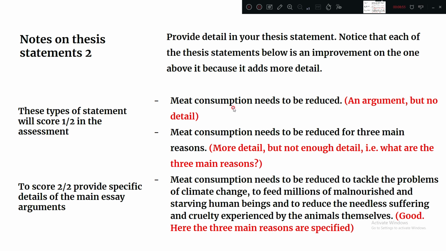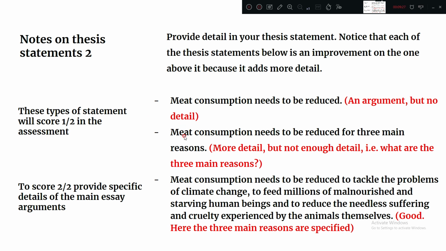Meat consumption needs to be reduced. So hopefully you can see that that's very clear. It isn't difficult to understand the opinion or the viewpoint there. However, it's not specific. No specific detail has been included. So I would just give you 1 point here. This type of statement will score 1 out of 2 in the assessment.